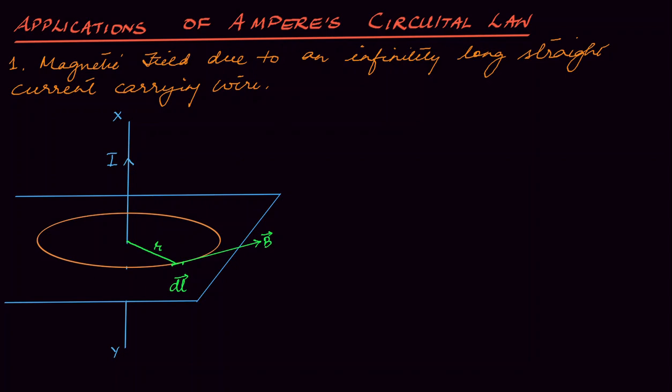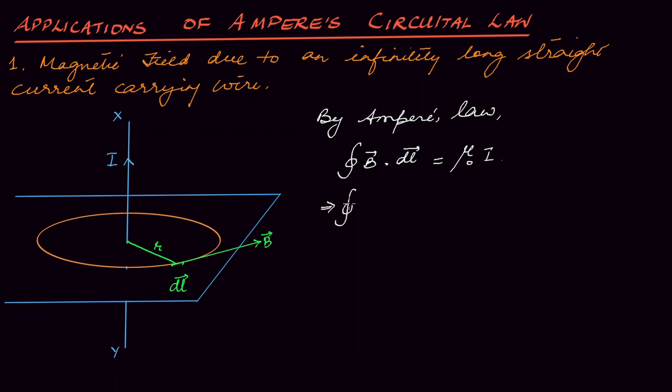So by Ampere's law, we have B dot dl equal to mu naught I. Again you apply the A dot B formula.